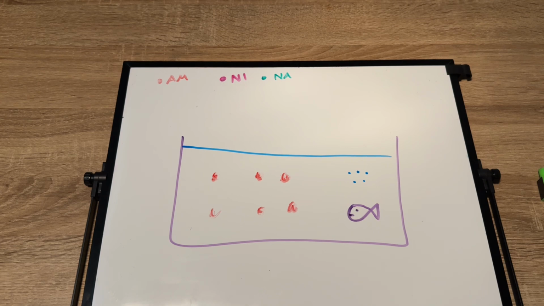We need some bacteria. The bacteria that deal with ammonia are Nitrobacter, Nitrosomonas, Nitrospira. There are also Nitrococcus and Nitrosococcus, but they're marine based, so we don't need to worry about those.